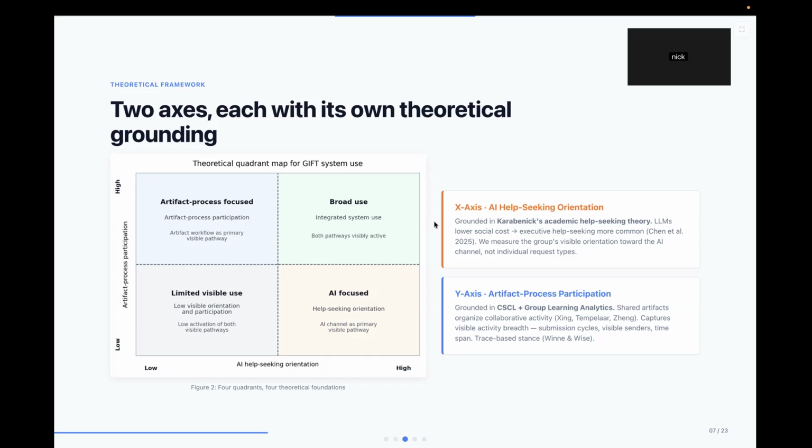Basically, with more AI help-seeking, there is a lowered social cost. And for the y-axis, we grounded it in CSCL and group learning analytics. Basically, the more group learning, the better organized the collaborative activity.